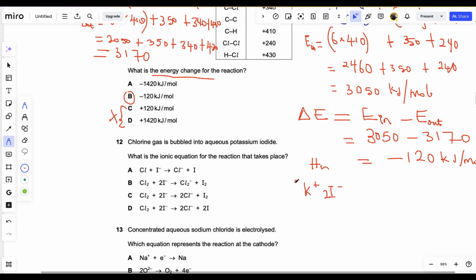So you can summarize this one. Plus, there's a plus here. Maybe we choose a different color this time around. You close this bracket. Plus chlorine.